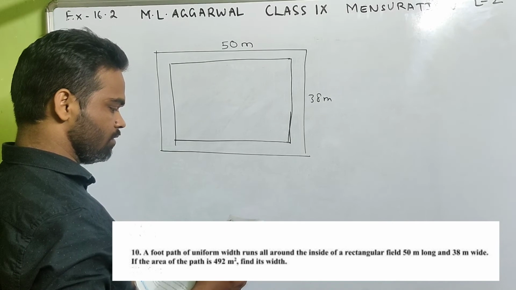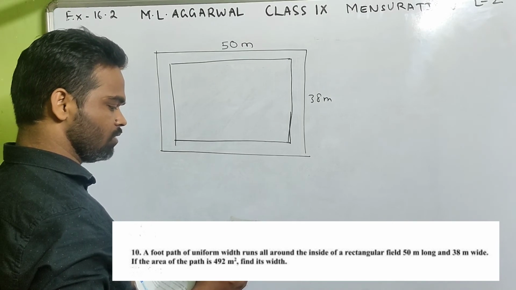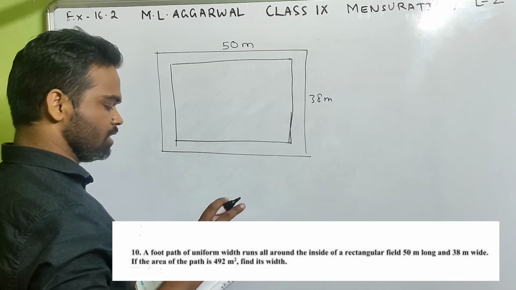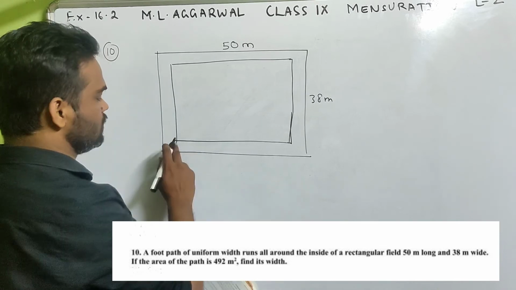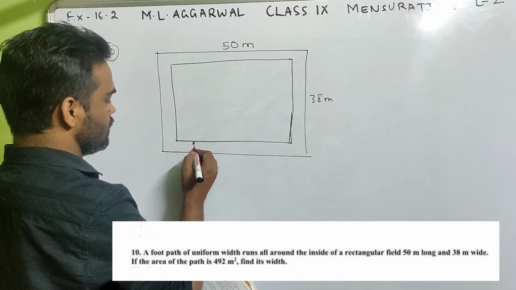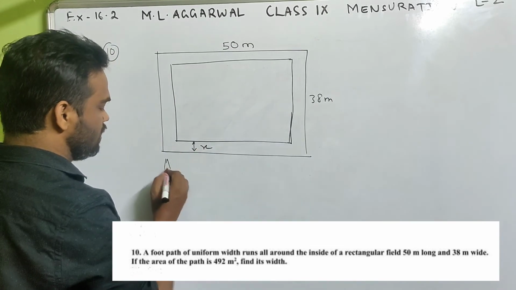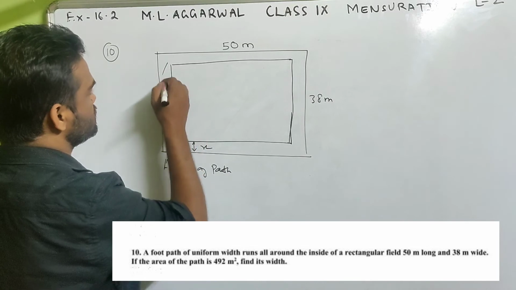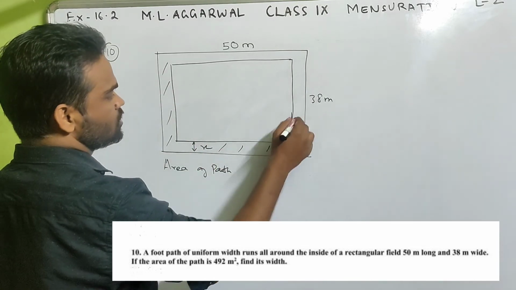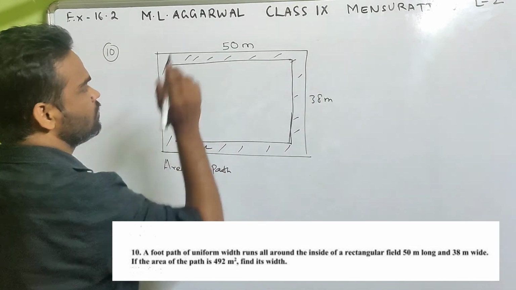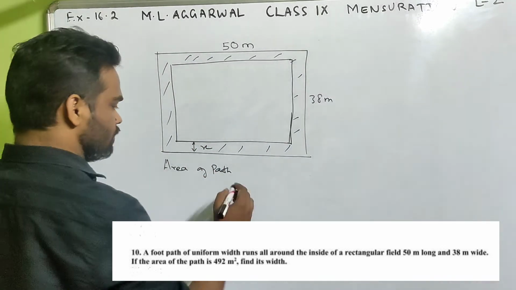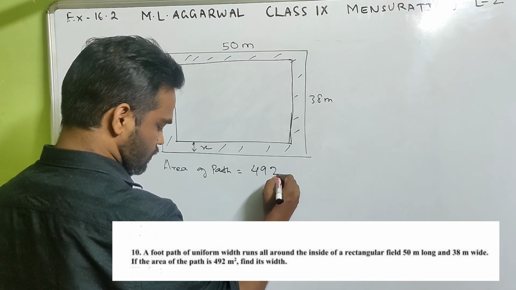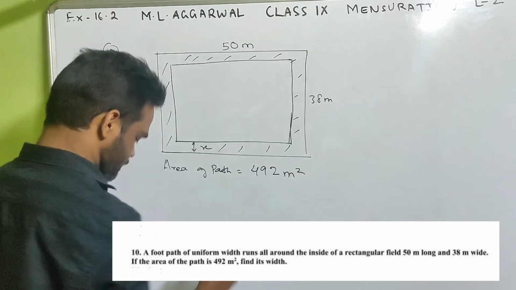A footpath of uniform width will run all around the inside of the rectangular field, 50 meter long and 38 meter wide. This width is not given to us, but the area of the path is given. Area of path, which means this region, this shaded area. Area of this path is given, which is how much? 492 meters square. Find the width.